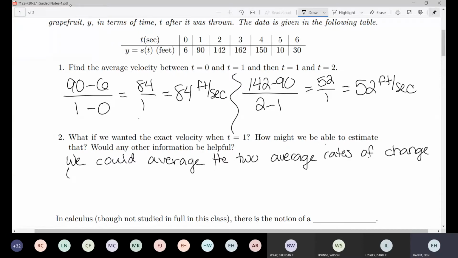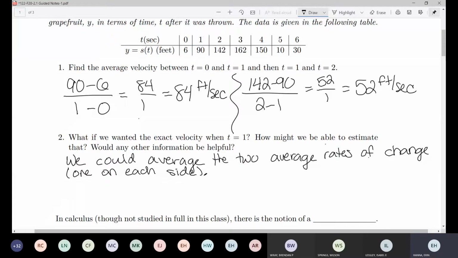I'm looking at t equals 1, so if I find an average rate of change going in both directions, one between 0 and 1 and one between 1 and 2, I could average those two. It's not just two random average rates of change, it's on each side of the thing I actually want to know about.